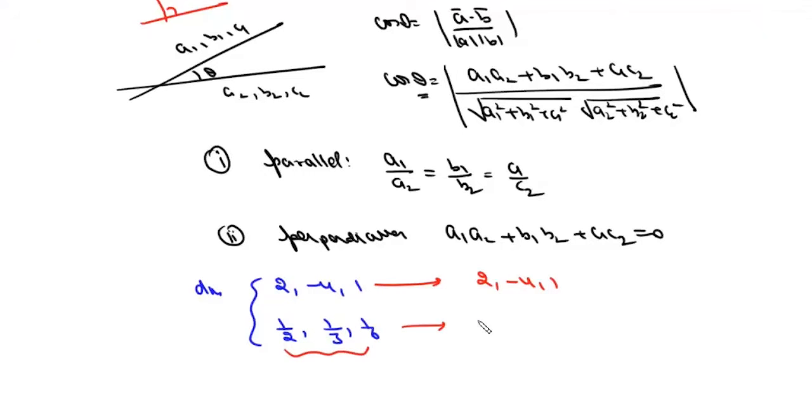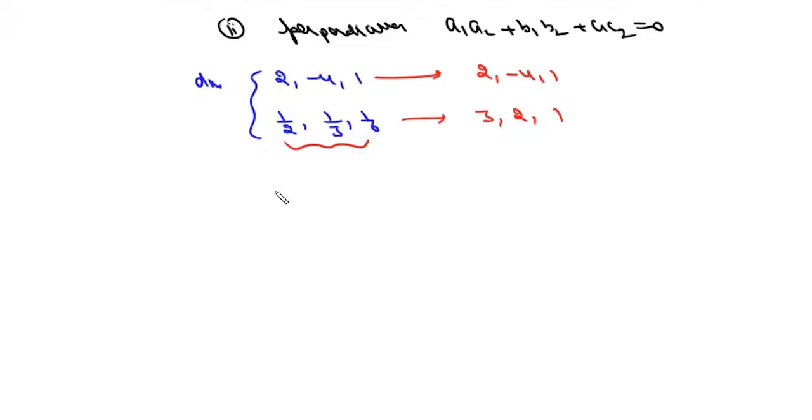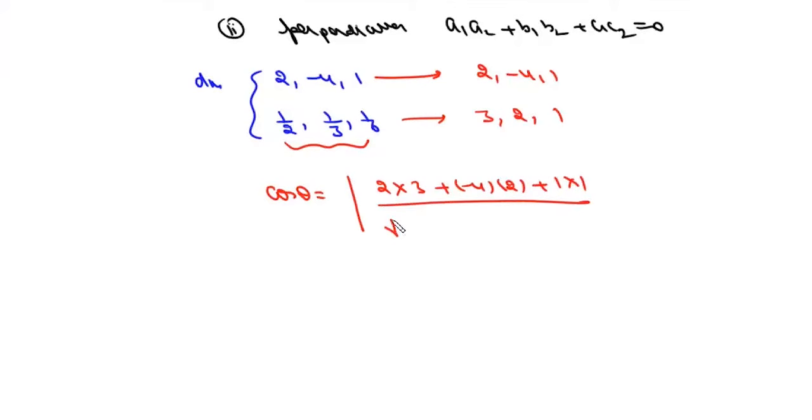So we can write this as 3, 2 and 1. So for the second one, direction ratios are 3, 2 and 1. Now we have to find the angle between them. We can write cos theta equal to a1 a2 plus b1 b2 plus c1 c2 upon the square root of a1 square plus b1 square plus c1 square, times the square root of a2 square plus b2 square plus c2 square.